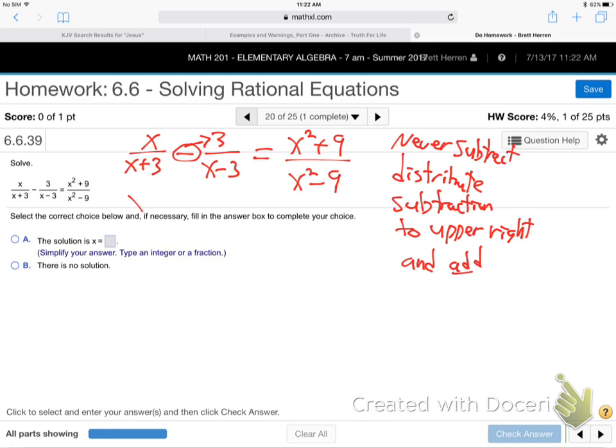So the first step, it should become x over x plus 3 plus negative 3 over x minus 3 is x squared plus 9 over x squared minus 9.